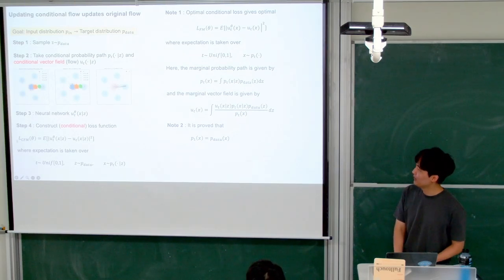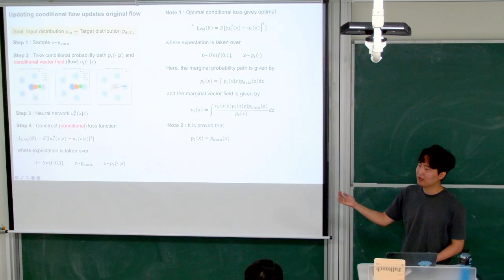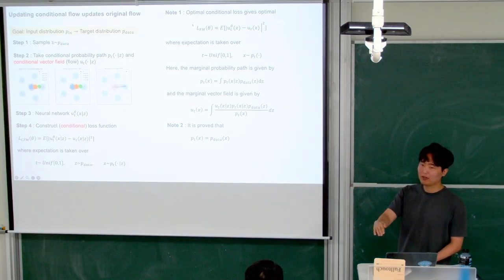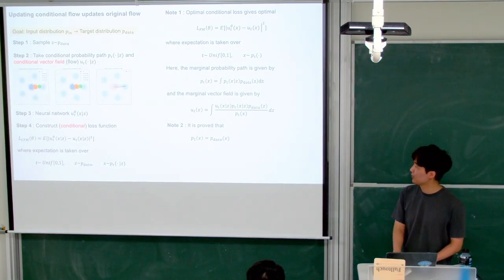But it turns out that optimizing L_CFM is equal to L_FM because their gradients are the same. So if you perform gradient descent, you obtain the same optimization procedure. So this is the strong meaning of flow matching. You can do this with the conditional vector.